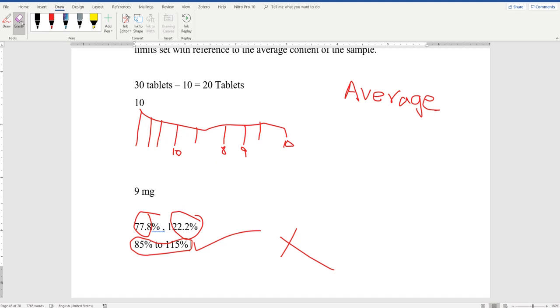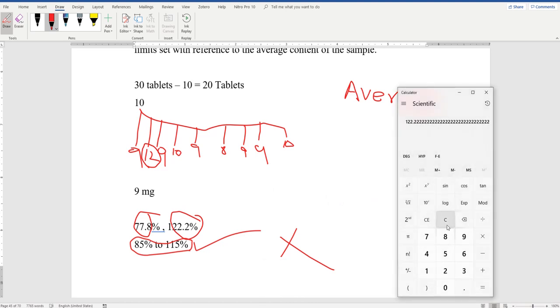So I have, let's say 9, looks good, 9, let's say here 12, 9. So let's assume that everything looks okay, but this one is a little large. Let's say all these are in this range, 85 to 115, except this one.